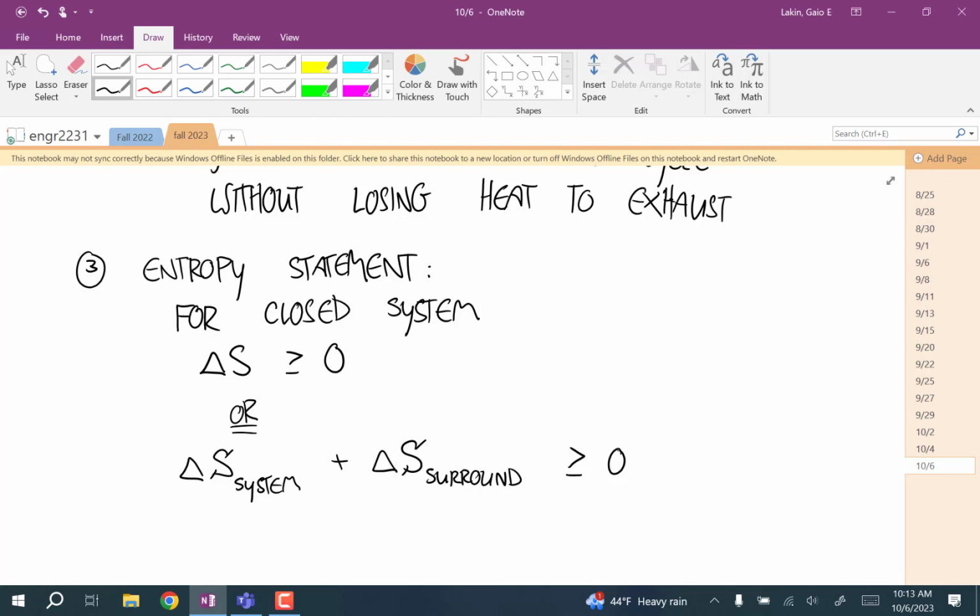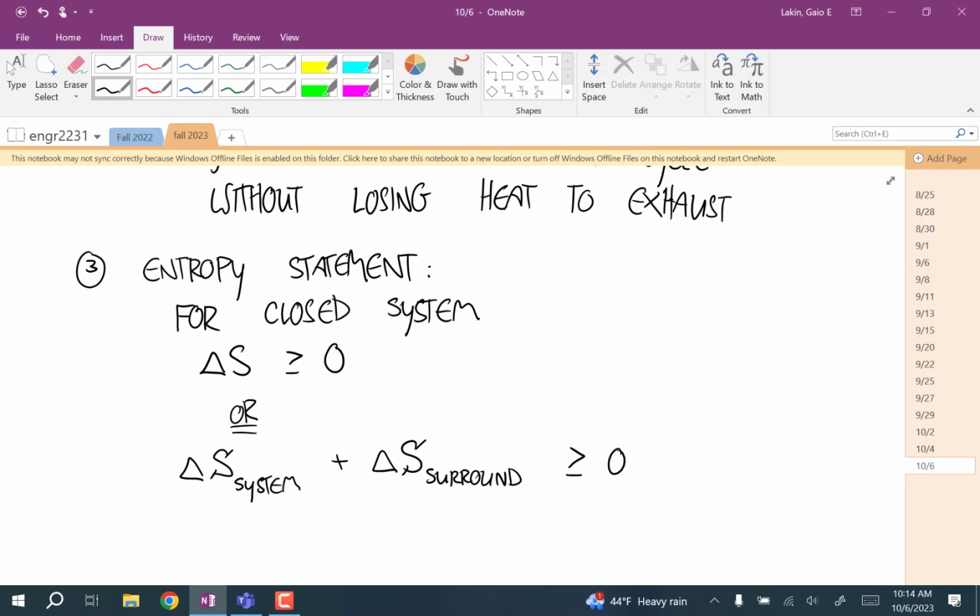Just remember that you can make entropy go down in a system. Refrigerators are making entropy go down. But in order to make the entropy go down inside the refrigerator, you're making entropy go up in the surroundings. The coils on the back of the refrigerator are making entropy go up. And the sum of those two amounts is always up. So don't make the mistake of assuming that entropy only goes up.